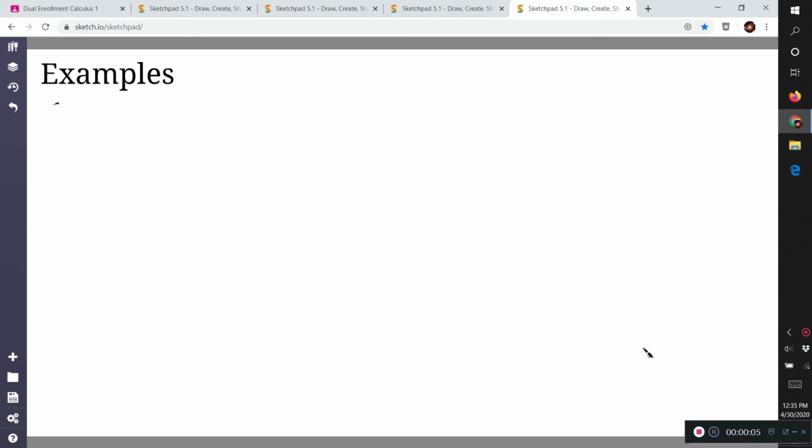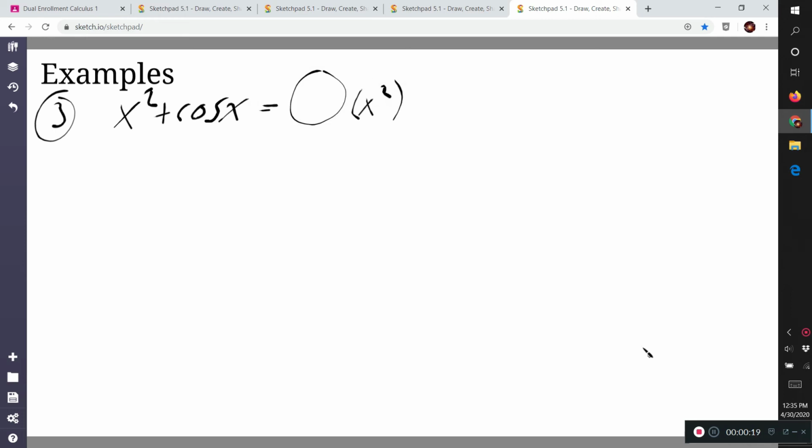So example 3, we're going to show that x squared plus cosine x is big O of x squared. The way this gets set up is the one on this side always ends up on bottom.